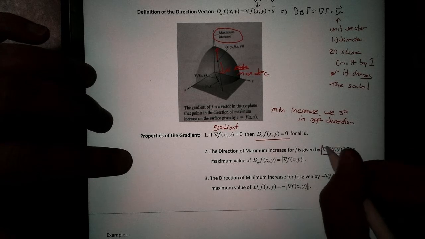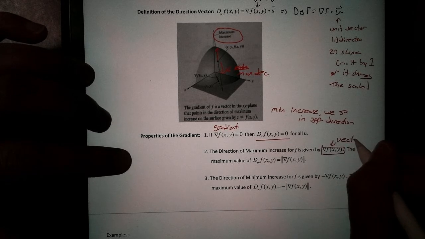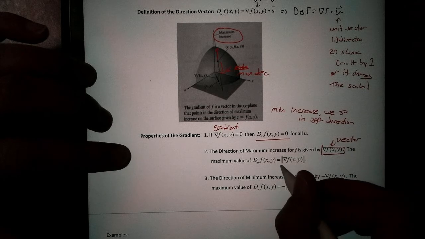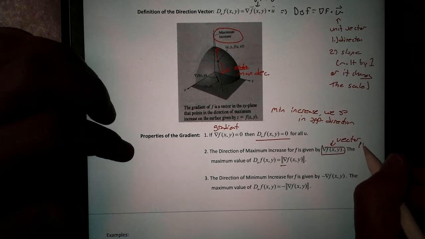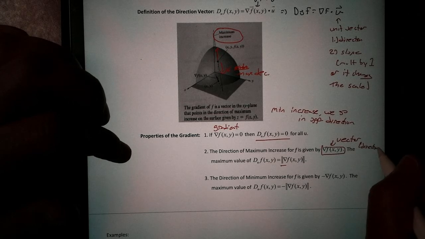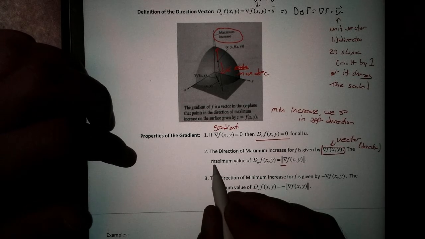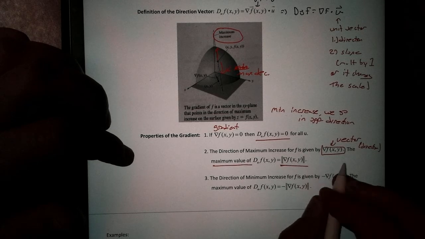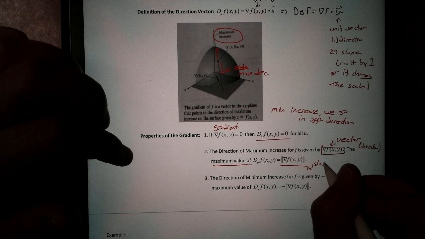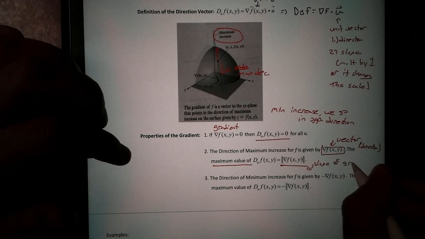This is a vector. This is going to give us a vector if we plug in the numbers, so this is going to give us the direction. If I want to find the maximum value, we just look at the magnitude. This is the slope of the gradient.